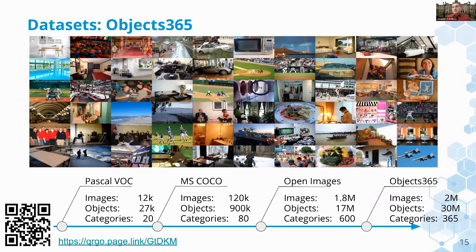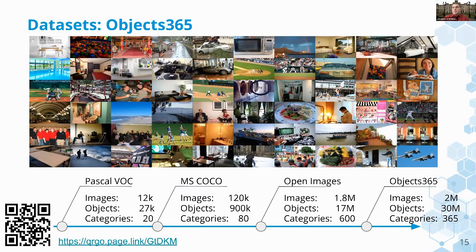And the last dataset, which I will tell you about, is Objects365. It was released by the Megvii company at CVPR 2019, and in March 2020 received a massive update, which extended the dataset to 2 million annotated images, on which 365 categories are fully annotated, which makes this the biggest open-sourced object detection dataset.